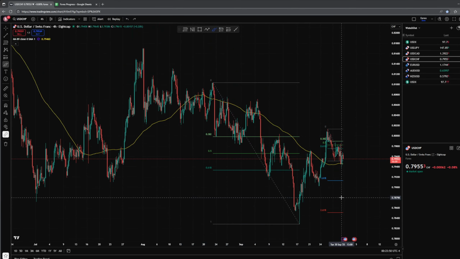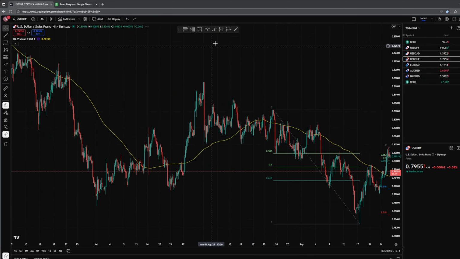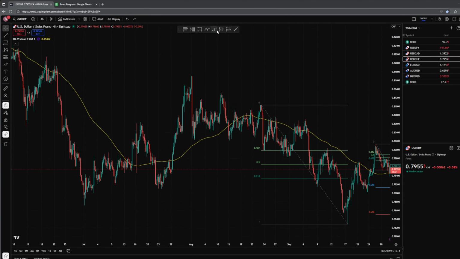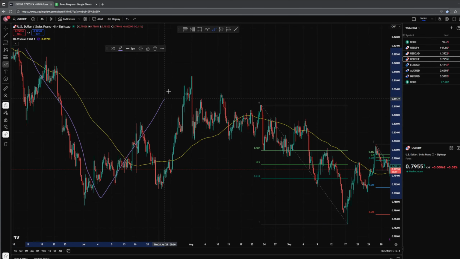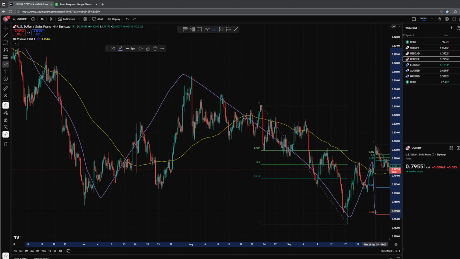Also, one thing to notice is that overall you see the market movement is just going down, which aligns with our trend defined by the yellow moving average line, and everything aligns perfectly.